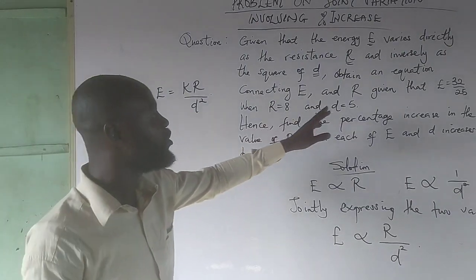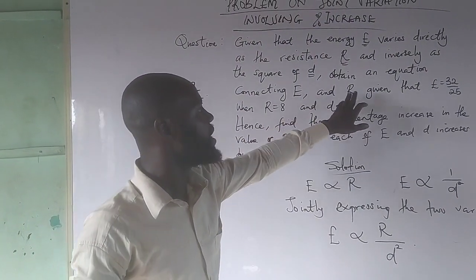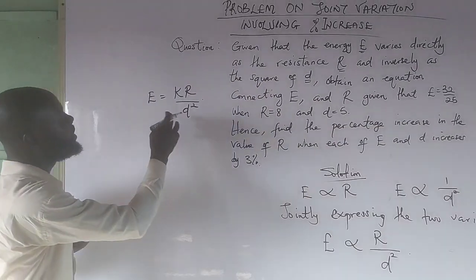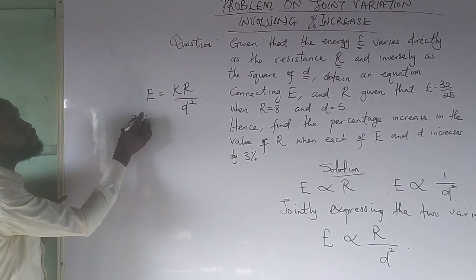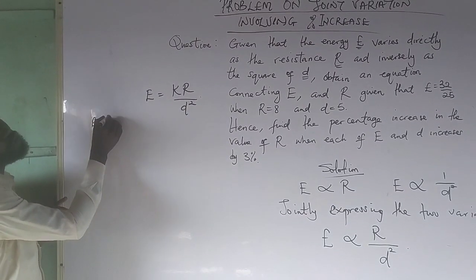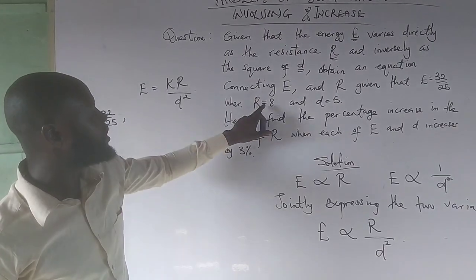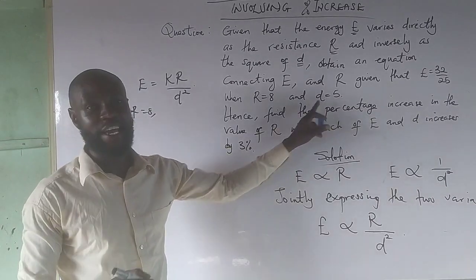So we are given the following values: find the equation connecting E and R, given that E equals 32/25, R equals 8, and D equals 5.